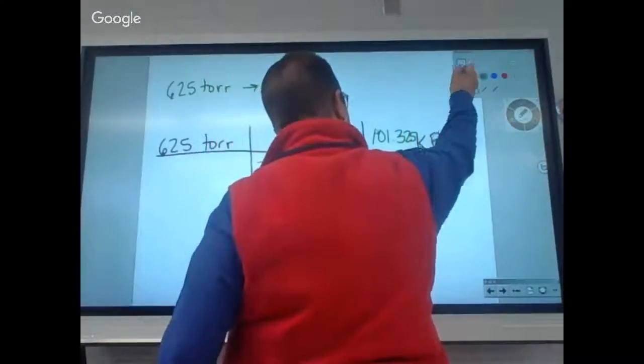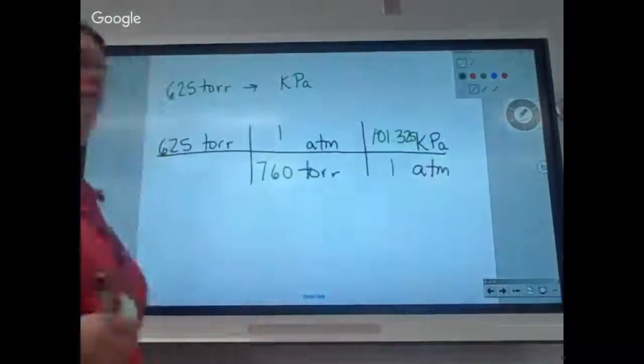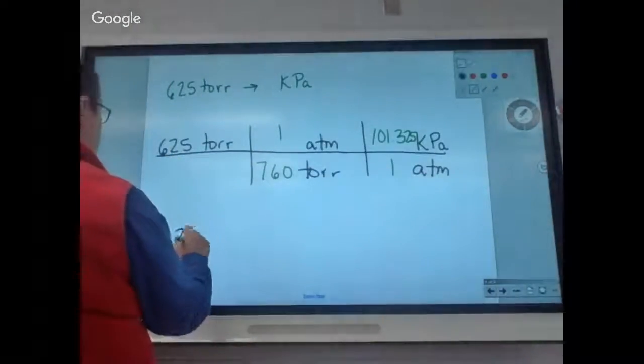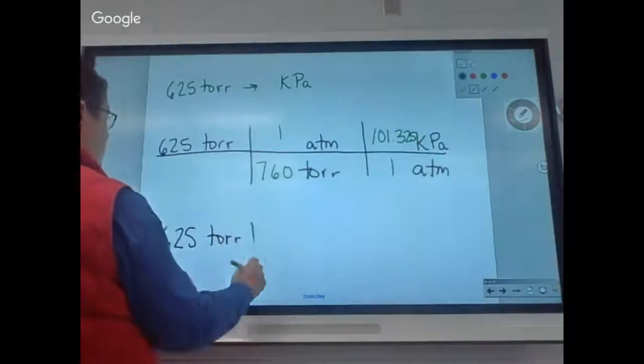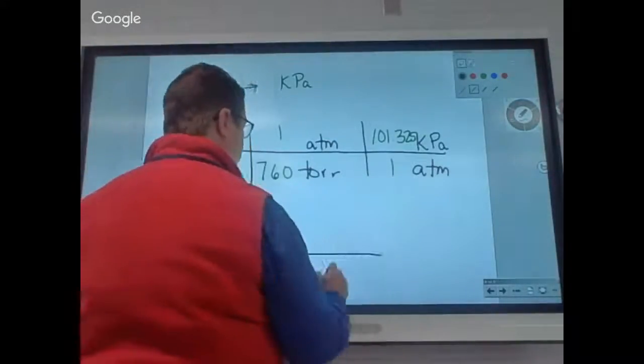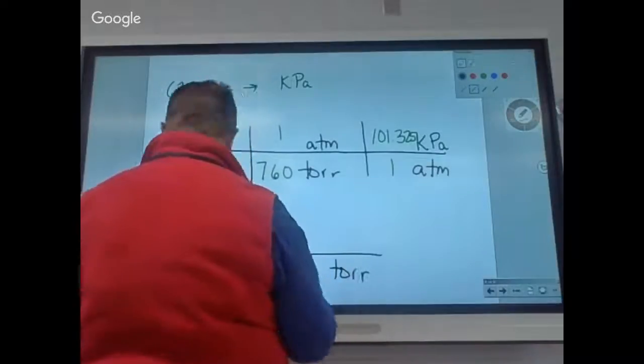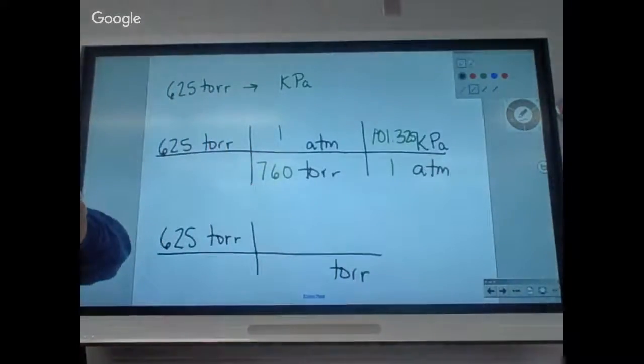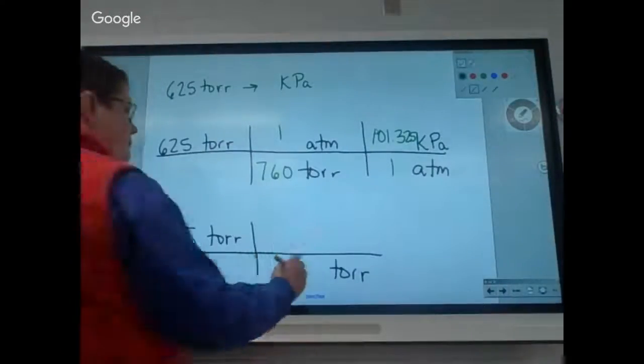Now, that is not the only way to solve this. We could just as easily have said 625 torr, put torr on the bottom, and put kPa on top.